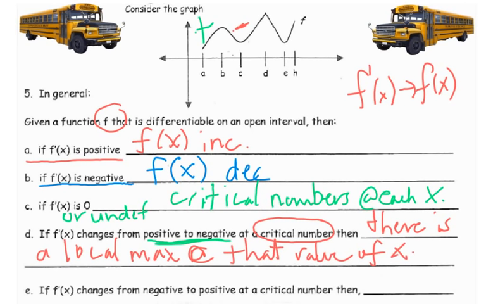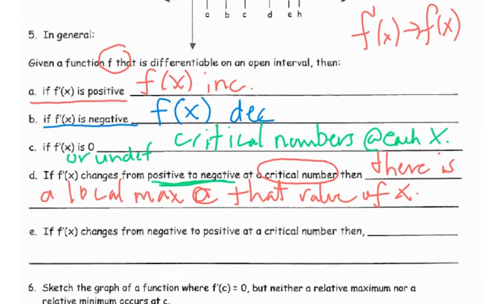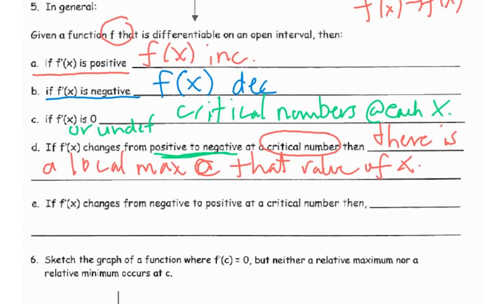Very important. This is how we're going to justify our local extrema when you see an example in a few minutes. All right, moving that up. Likewise, if the first derivative changes from negative to positive at a critical number, then there is a local, sorry about that, my handwriting, I'm working on a new device here.